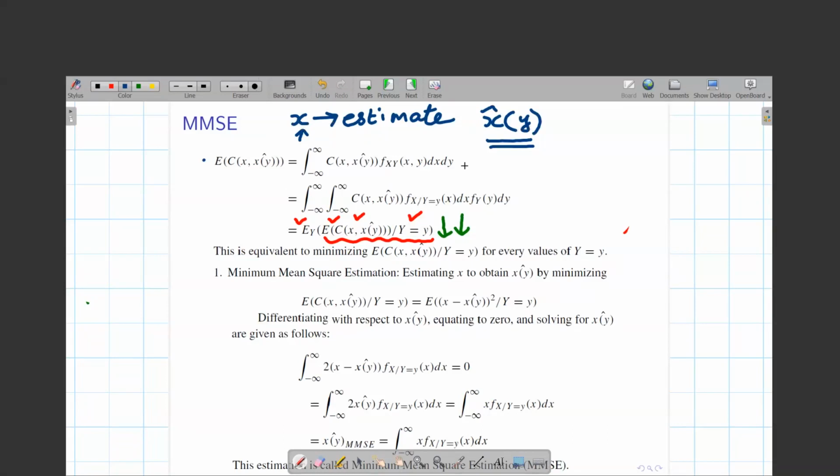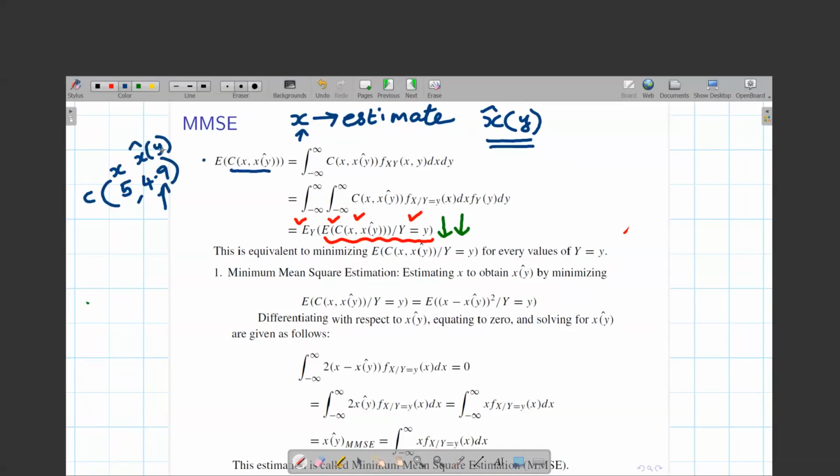Now, for finding that out, we are creating something called the cost function. What is that cost function? It is a penalty, right? It is a penalty for doing a wrong estimation. Let us say the original value is 5 and you are estimating it as 4.9. So this 4.9 is the estimate of x, and this is x here and this is going to be your x cap of y.